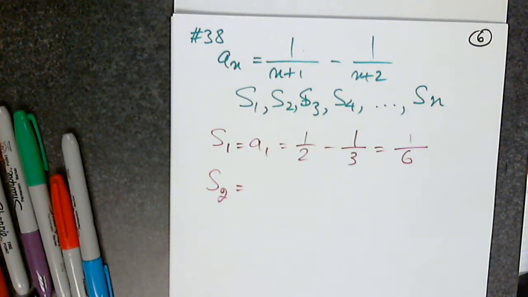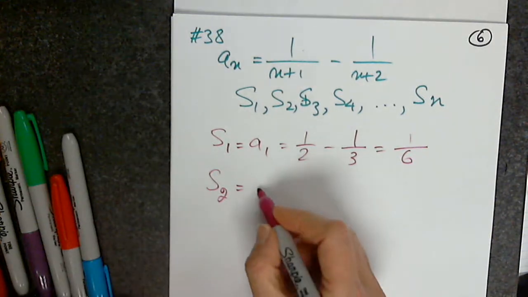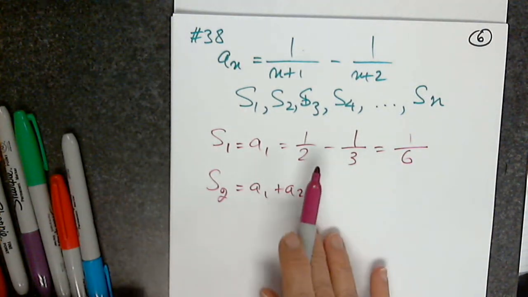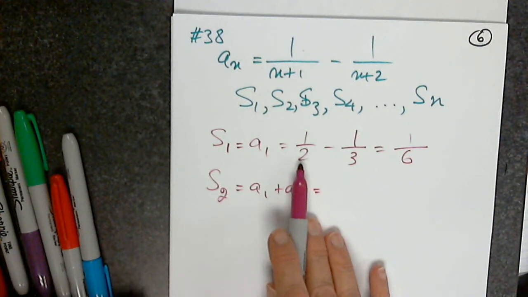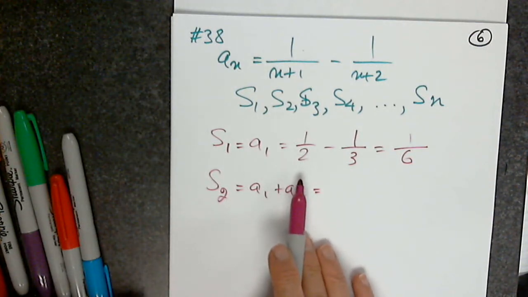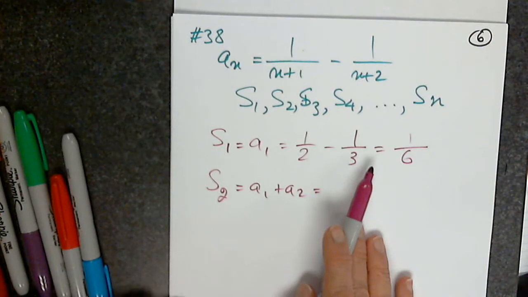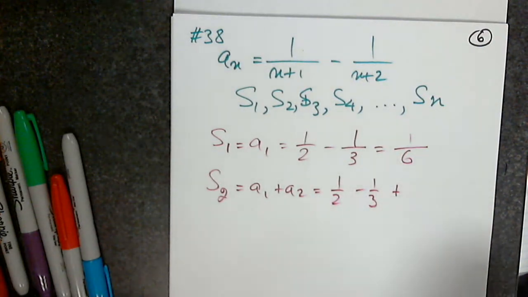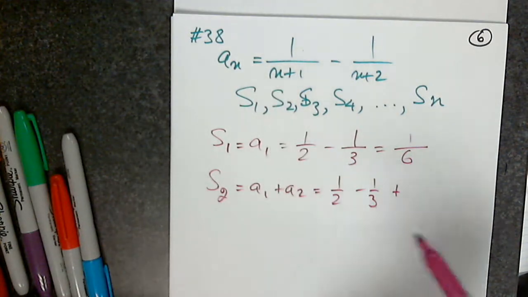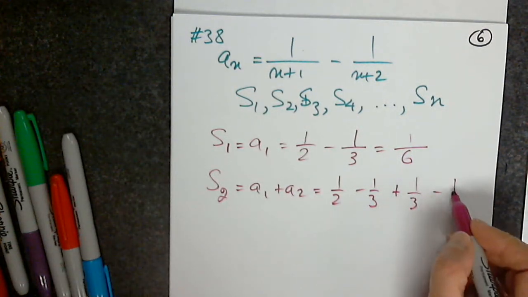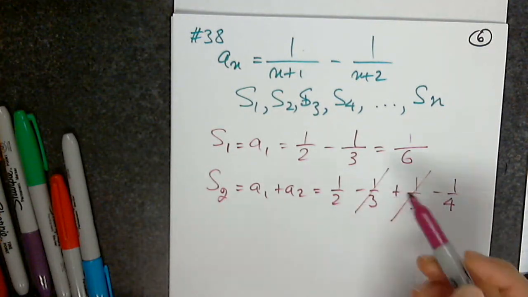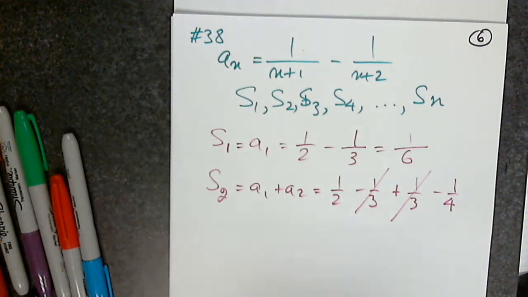Perfect. A1 plus A2. I already have, so it would be 1/6 plus 1, yes, or let's write it as 1/2 minus 1/3 plus 1/3 minus 1/4. And I like that.